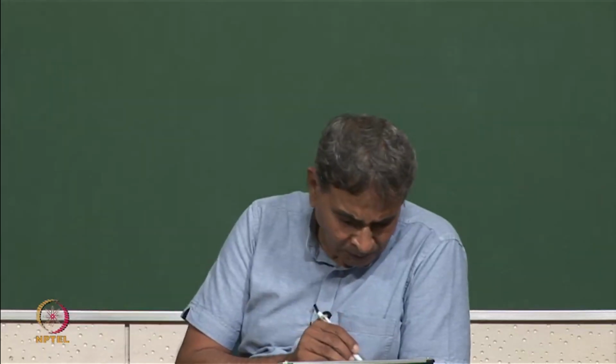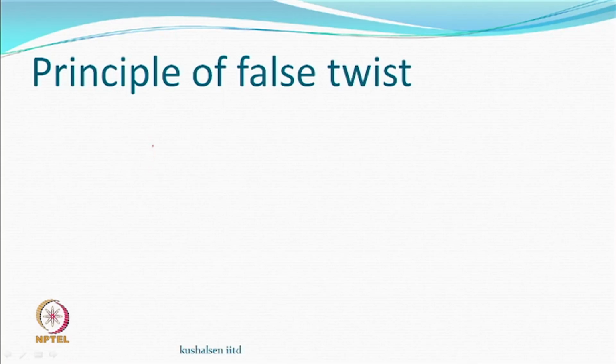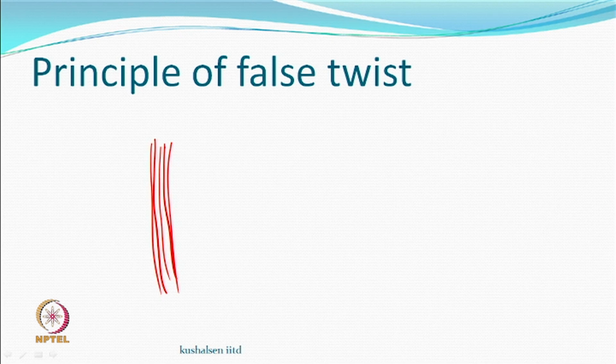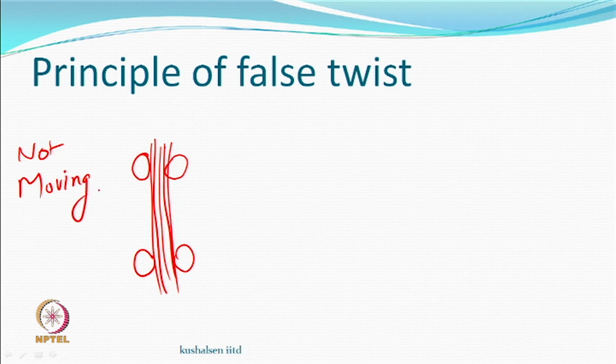Let us say you have a parallel bundle of filaments and they are nipped, for example, one at its point and the other at this point, they are nipped. If they are nipped properly and it is stationary, okay, it is not moving. If this is not moving and you twist from the middle, what do we expect?